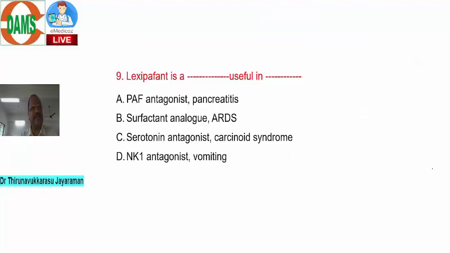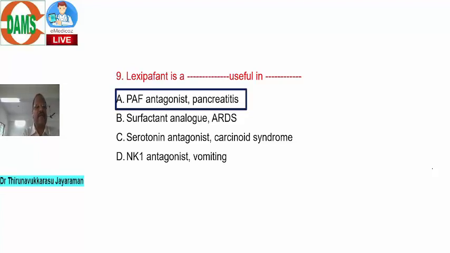Next question. Lexipafant is a dash useful in dash. So, new drug, doctor. Lexipafant is originally a platelet activating factor antagonist useful for treatment of pancreatitis. Lexipafant and apafant are both platelet activating factor antagonists useful in pancreatitis.